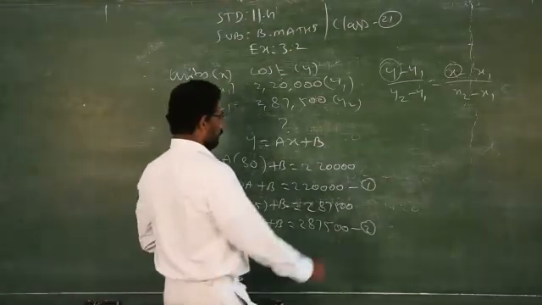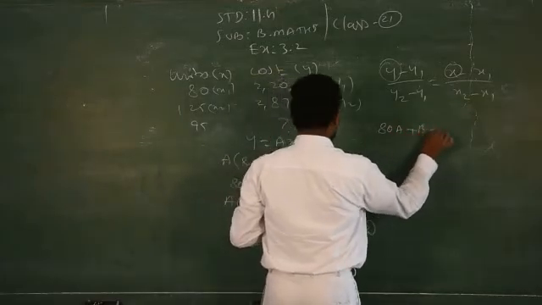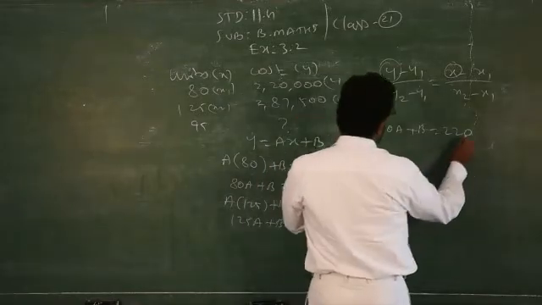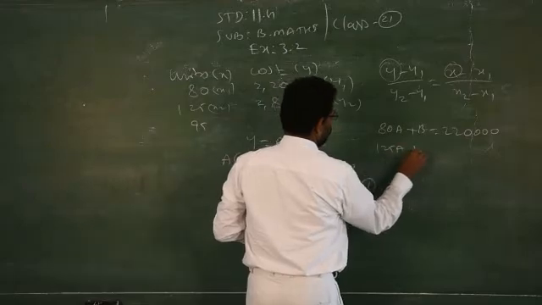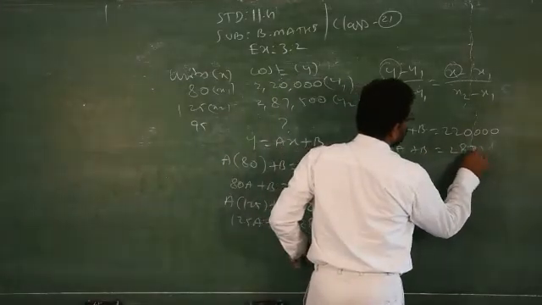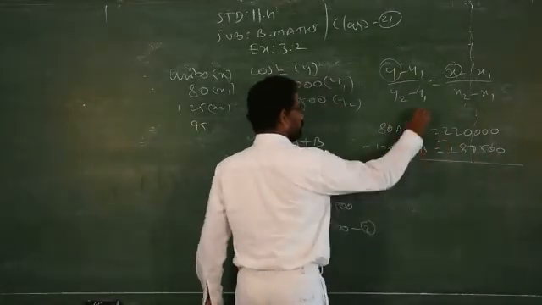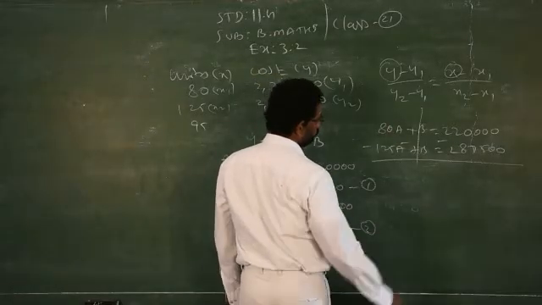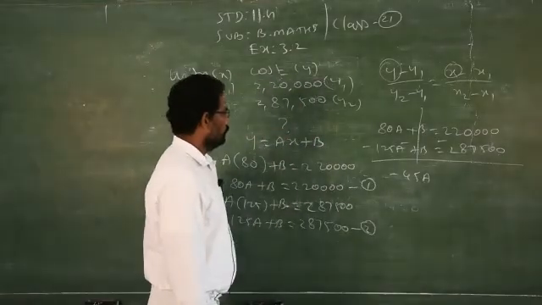So now I am applying the elimination method to the equations. Subtract: 2,87,500 minus 2,20,000, change the sign. Straight away we can replace 125 minus 80, 45A minus 45A. Clear?